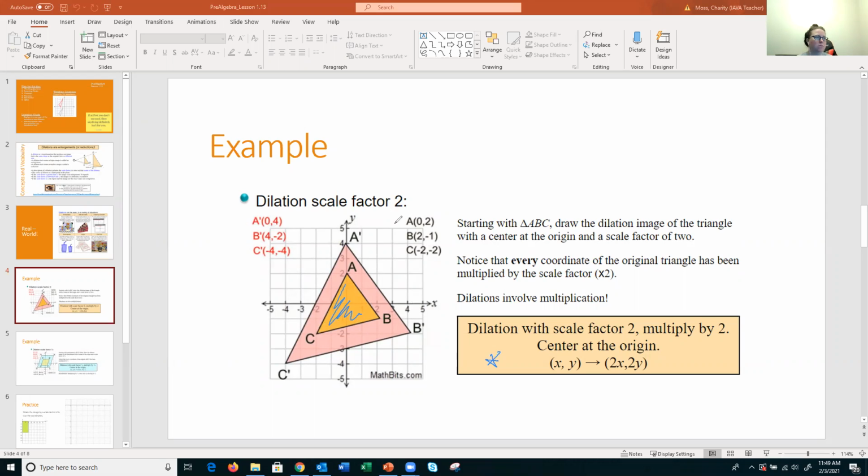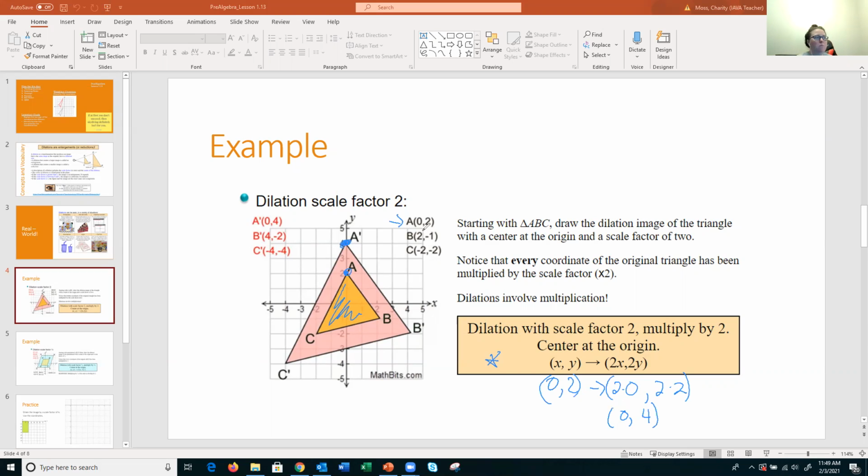So 0, 2, right? 0, 2, it's this point right here. If we take it and plug it in here, we would get 2 times 0 and 2 times 2, which gives us 0, 4. So our new coordinate is now up here at 0, 4.